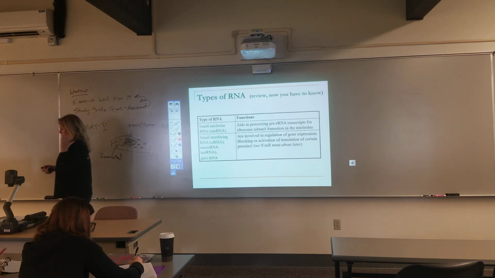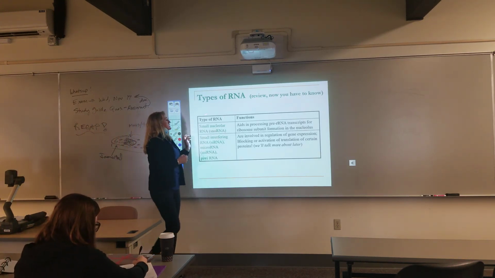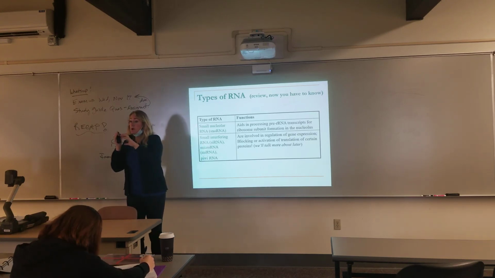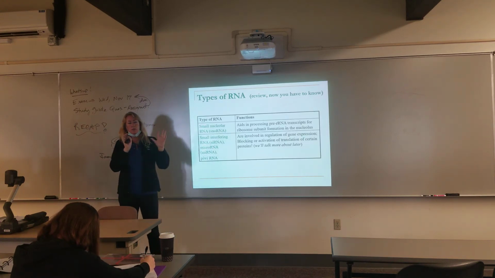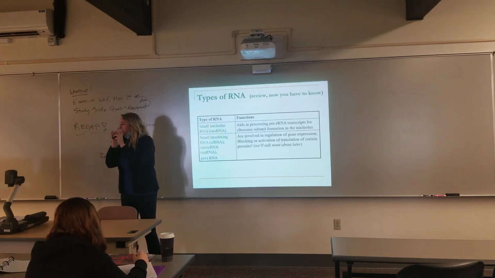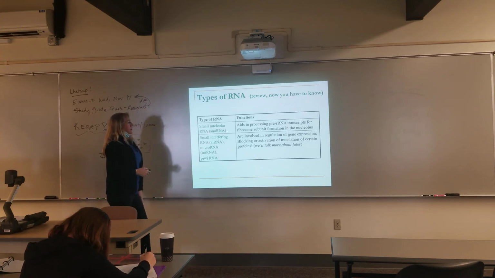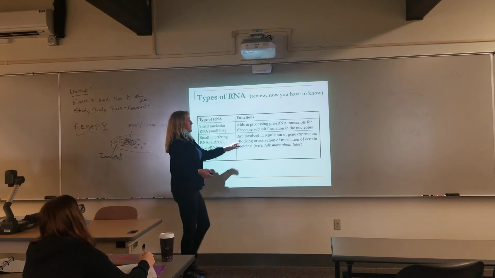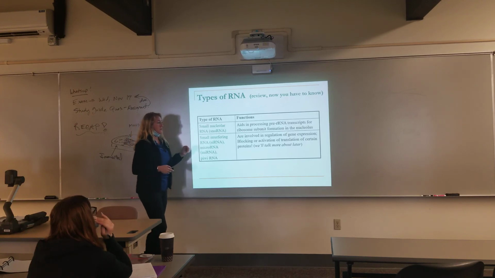RNA processing, different types. We have a few other ones. We've got small nucleolar RNA. Remember in the nucleus there's a nucleolus as well, a concentrated area in the nucleus where, as I told you a long time ago, little pieces of RNA and segments of chromosomes kind of cluster. This snoRNA, or small nucleolar RNA, helps in pre-processing pre-rRNA transcripts for ribosome subunit formation in the nucleus.